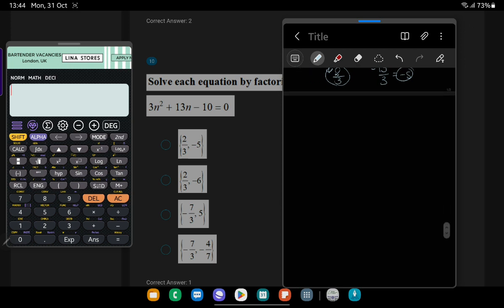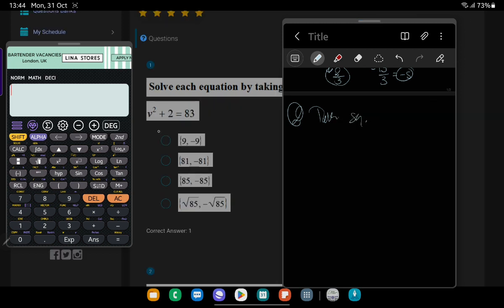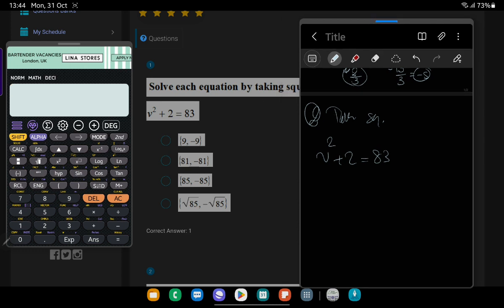This is number 1. Number 2, by taking the square root. For example, v squared plus 2 equals 83. Solve this by taking the square root, as you see. I need you to isolate v.